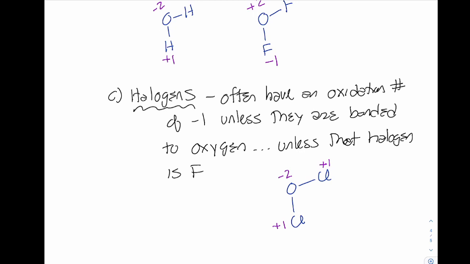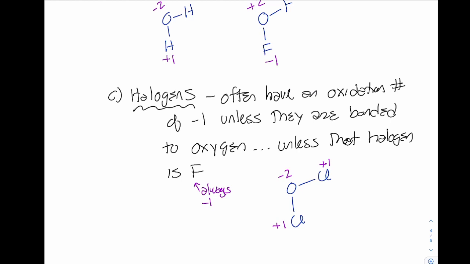So halogens are usually going to be -1 unless they're bonded to oxygen. And I can't say then they're blank because you have to figure it out. It could be different. If I was to bond 3 chlorines to oxygen, they're going to have a different oxidation number. So usually -1 unless they're bonded to oxygen. And then the exception to that exception is that if the halogen's fluorine, this is always going to be -1. Basically, fluorine's the most electronegative one.